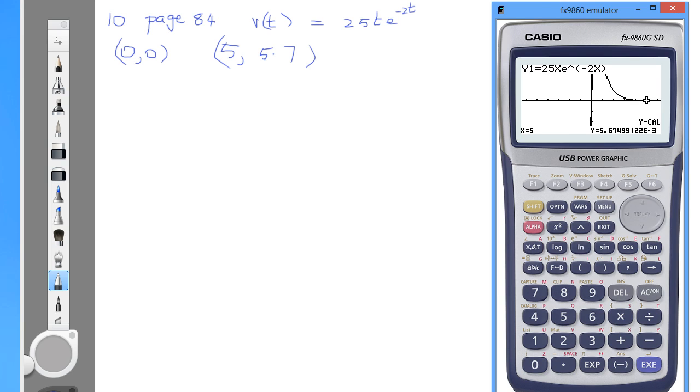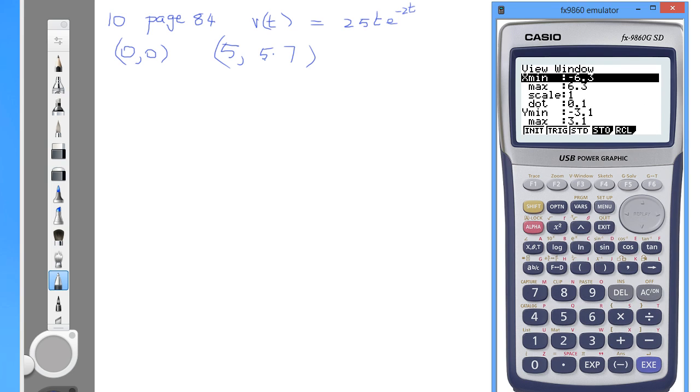So if we go Shift View Window, the minimum is 0. Let's go up to 10. We want to go down to the Y minimum. Well, let's just guess that it's increasing from 0. And let's put 30 in there just to see what happens.